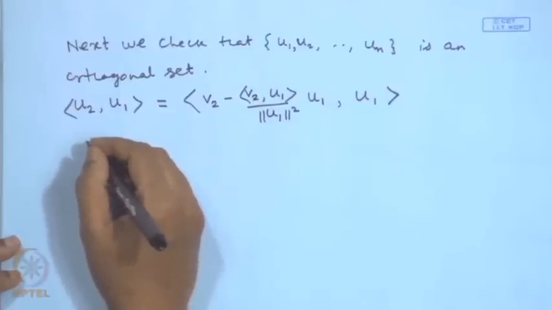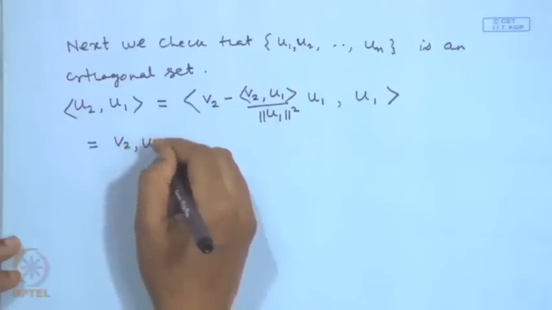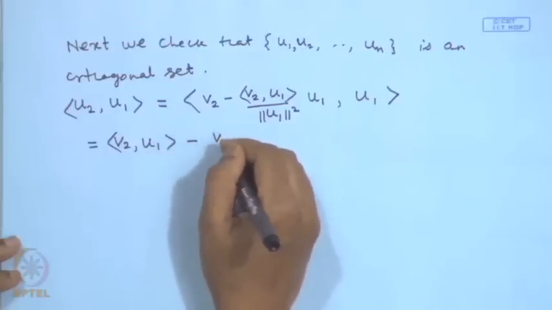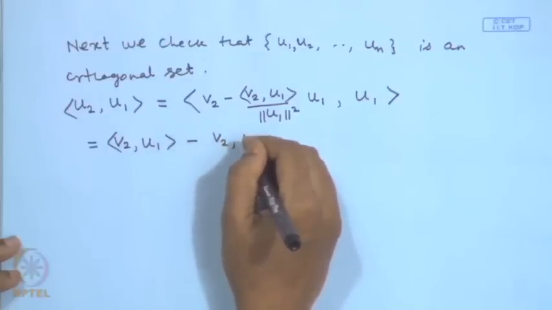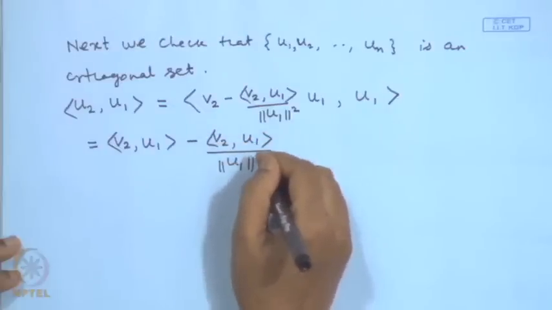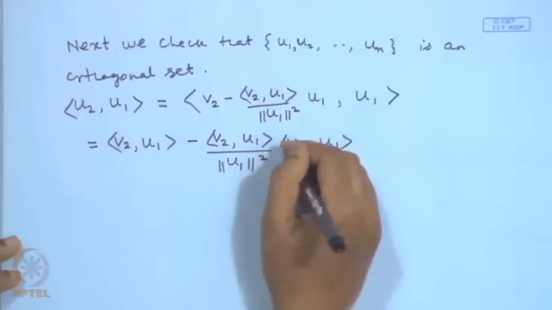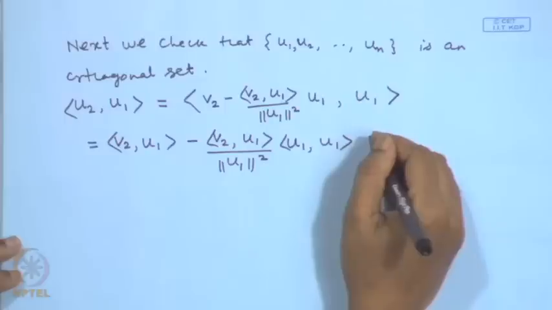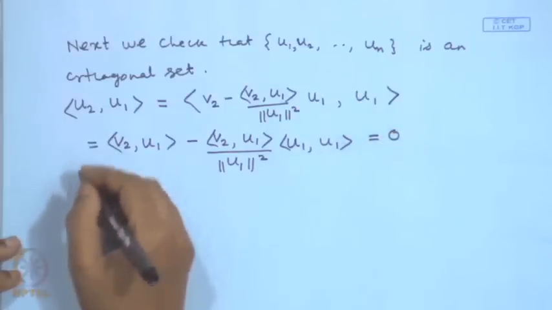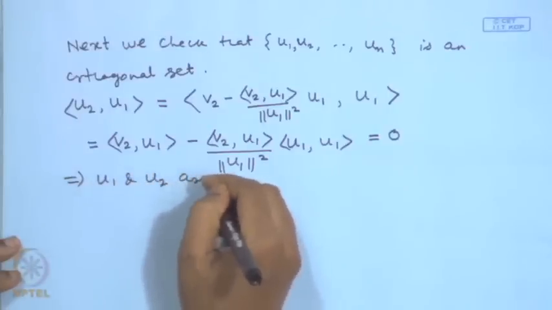On simplifying, we get the inner product of v2 with u1 minus the inner product of v2 and u1 divided by norm u1 square, times the inner product of u1 with itself, and this is equal to 0. So, u1 and u2 are orthogonal.